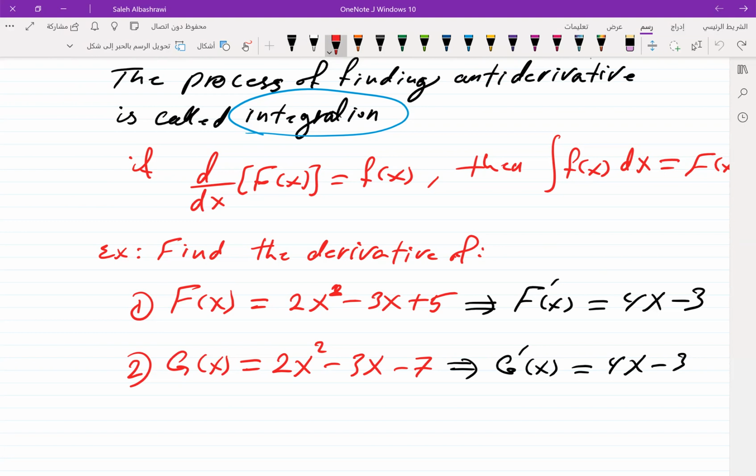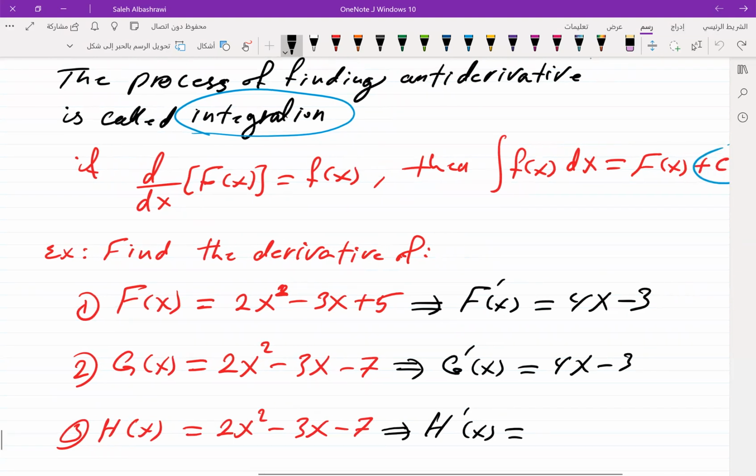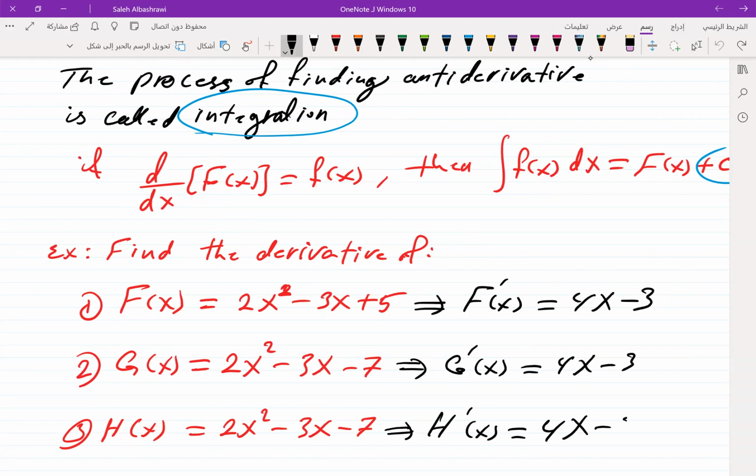Third one, h of x equals 2x squared minus 3x minus 7. The derivative for this function is equal to 4x minus 3. You can see from these three examples, the derivative of f is 4x minus 3, the derivative of g equals 4x minus 3, and the derivative of h is 4x minus 3.